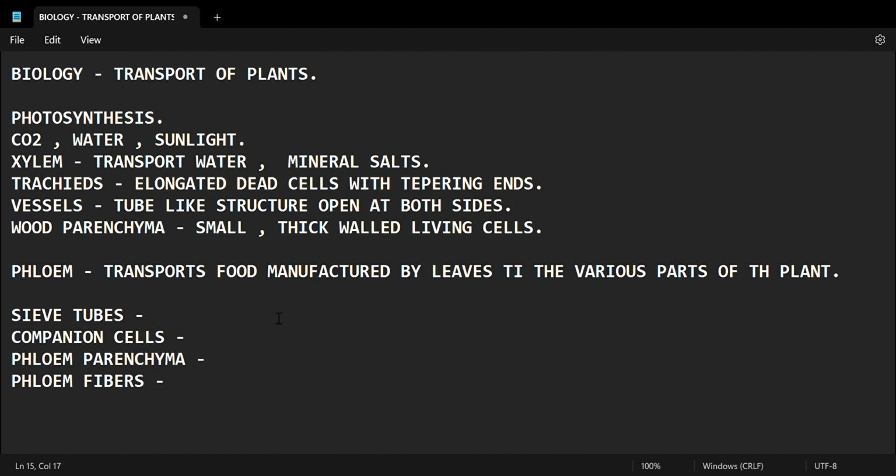Okay, now first things first are sieve tubes.